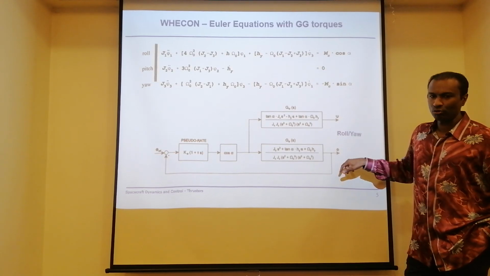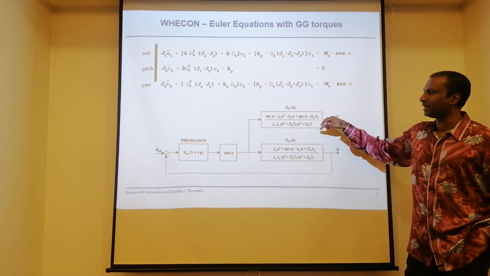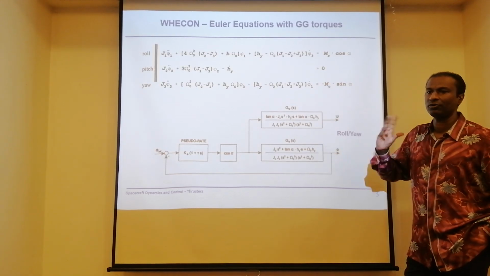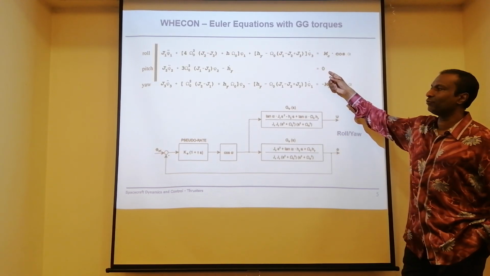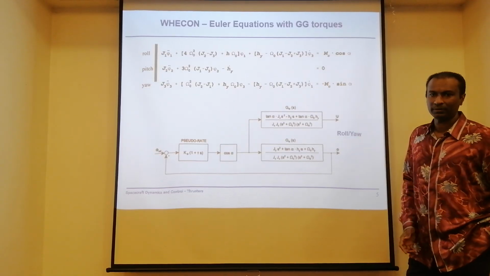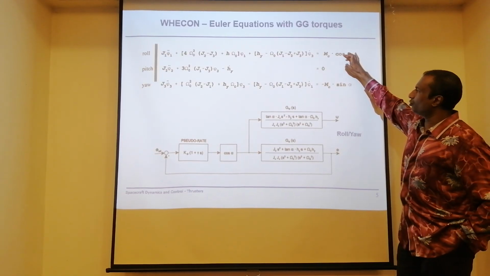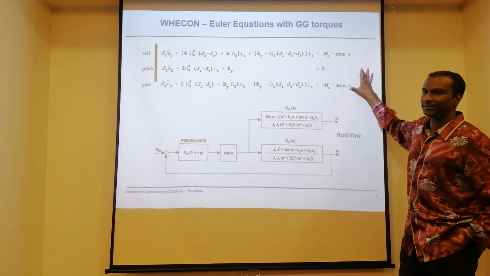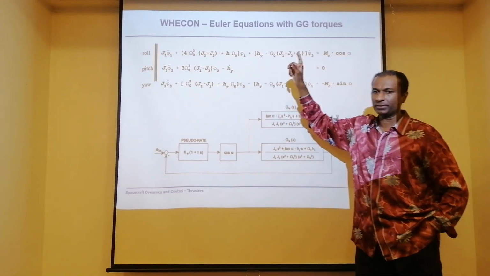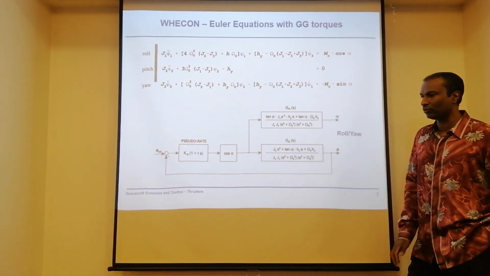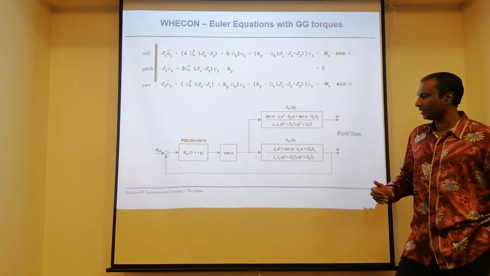That means I measure roll and I indirectly can control my yaw, because roll and yaw are coupled. But I always have to measure the pitch, because pitch is decoupled. Okay? Roll-yaw coupling exists, pitch is decoupled. Just like what we have been always doing.